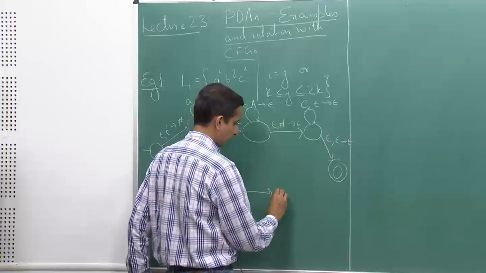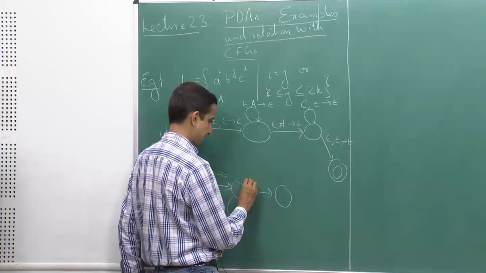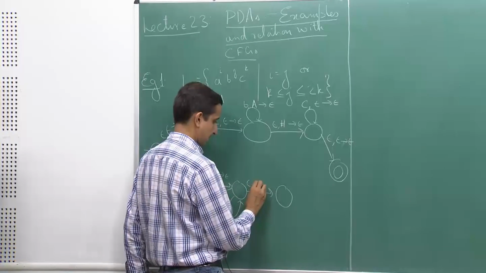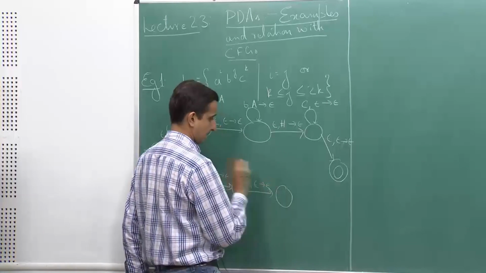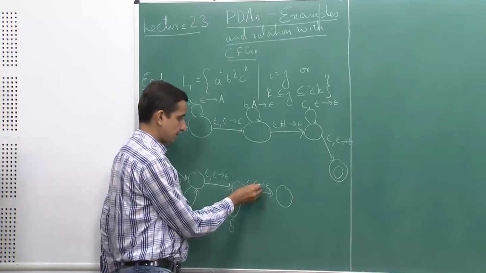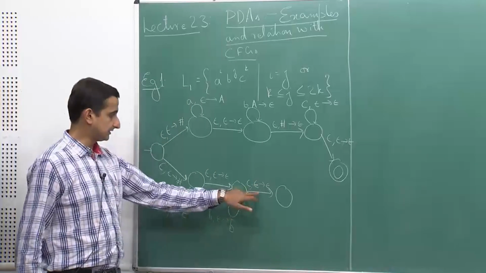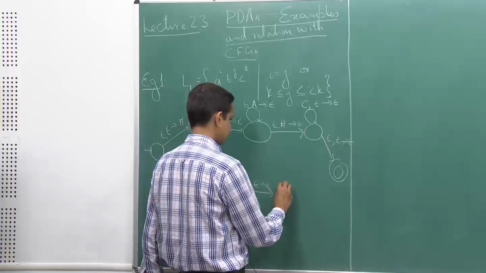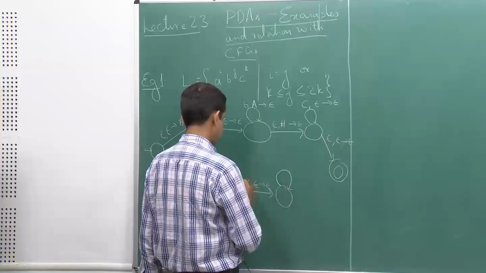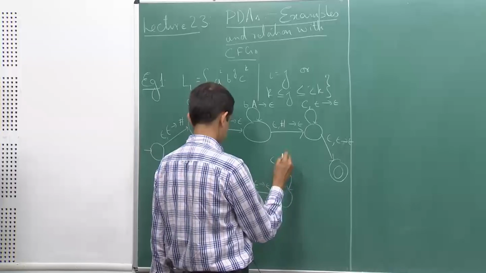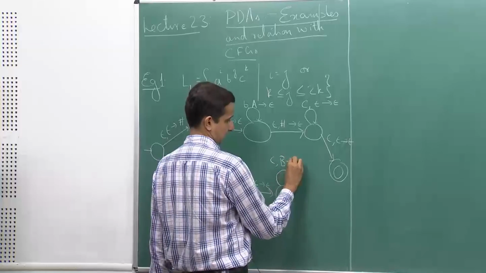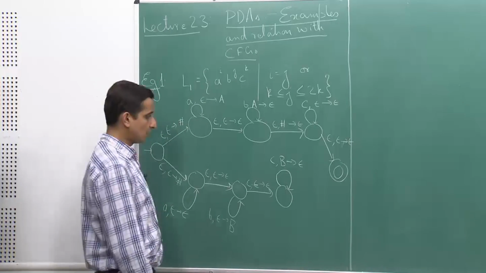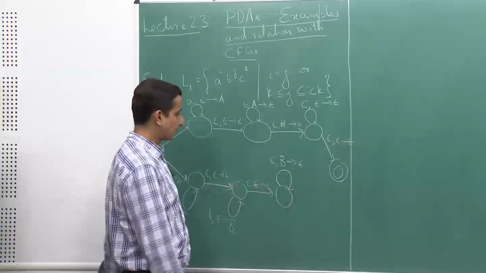Now, I go to another state, okay, and from this state I will do one of two things. So, either on seeing a C, I pop out a B, or on seeing a single C, I will pop out 2 B's.